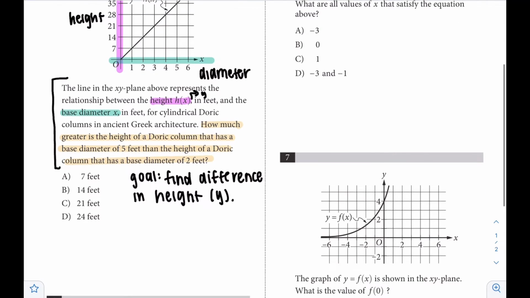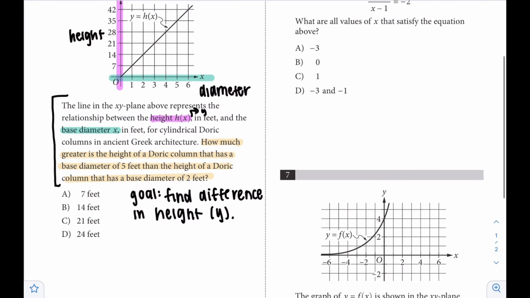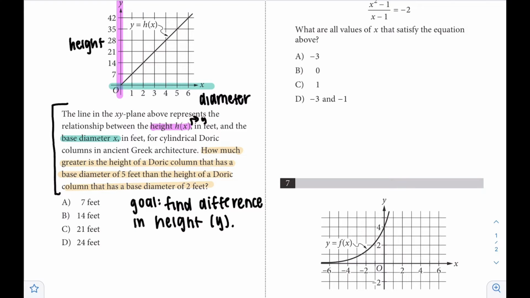Okay, so let's go back to the information they told us. We know that the height of a Doric column that has a base diameter of 5 feet. So we know that base diameter is represented by x values and height is represented by y values. So since we're dealing with a linear pattern here, I'm just going to use coordinates to write out our data.